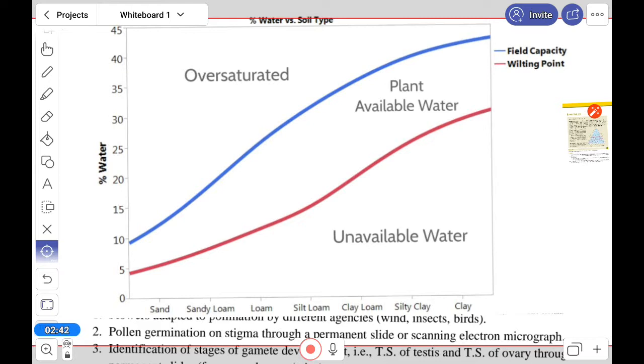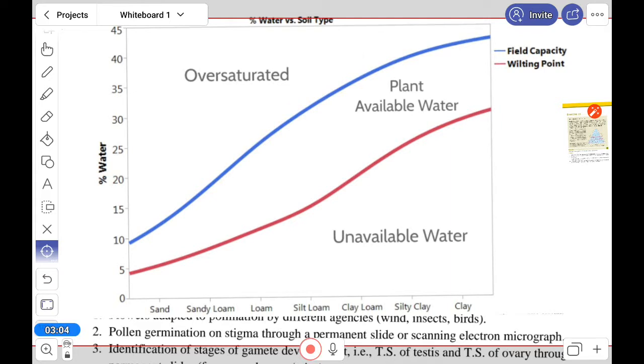This red line is the wilting point, and if it goes below that, then the plant cannot survive. And here it is oversaturated. The field capacity is this level, and after that is the saturated part.